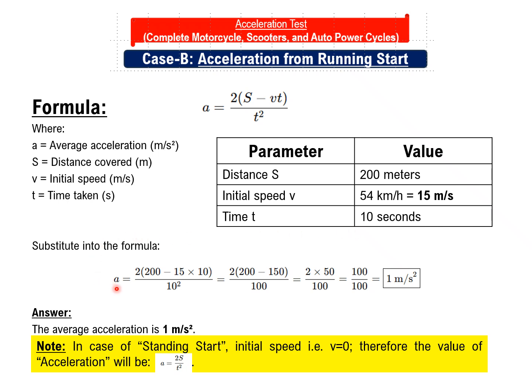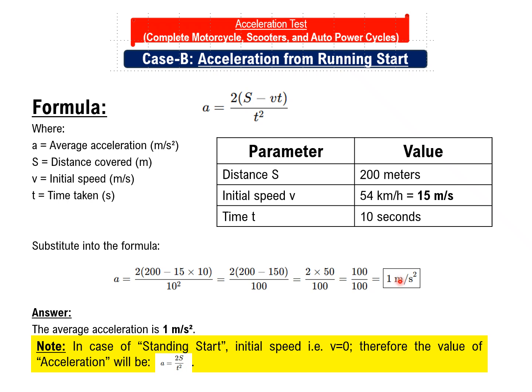Then average acceleration is equal to 2 into (200 minus 15 into 10) divided by 10 square, which is 2 into (200 minus 150) divided by 100, which is 2 into 50 divided by 100, which is 100 by 100, or 1 meter per second square. The average acceleration therefore is 1 meter per second square.